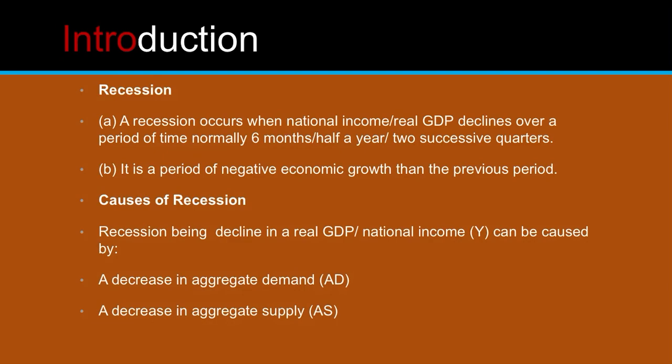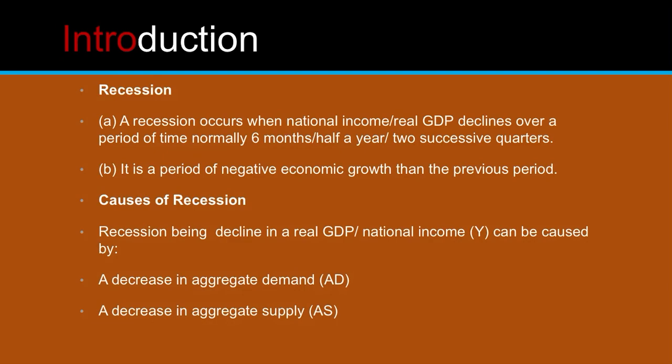Number 1 is a decrease in aggregate demand. As I told you, you can simply use the AD-AS framework to explain the possible causes of recession in the economy. Whenever there is a decline in aggregate demand, this causes a recession, as well as whenever there is a decline in aggregate supply.